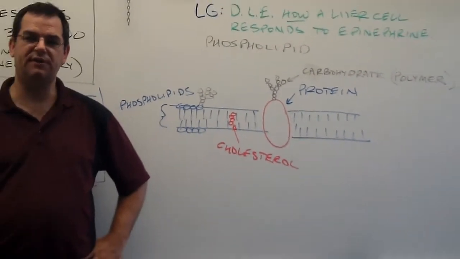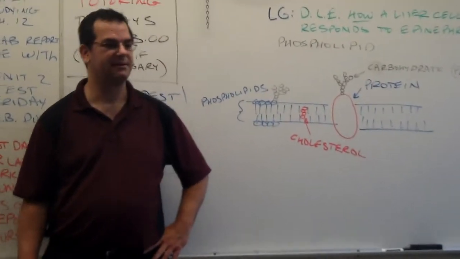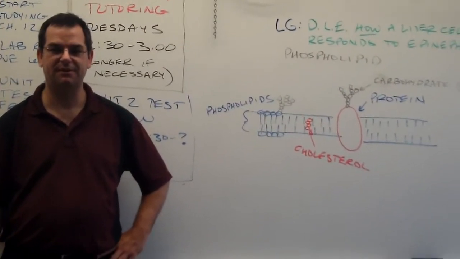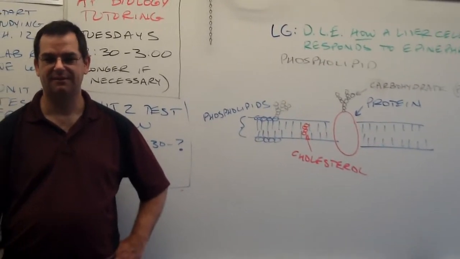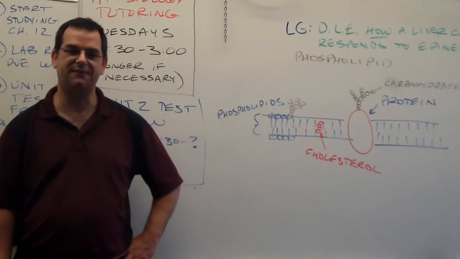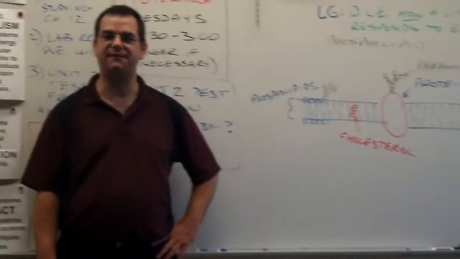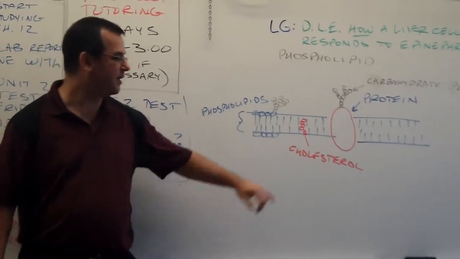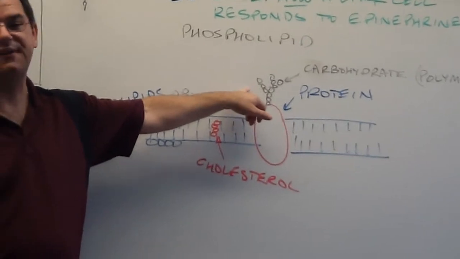And what is the function of these carbohydrates? Receptor. They are for cell identification. They are a part of you identifying your body as your cells. So carbohydrates are part of cell-to-cell communication, and they're part of identifying self.